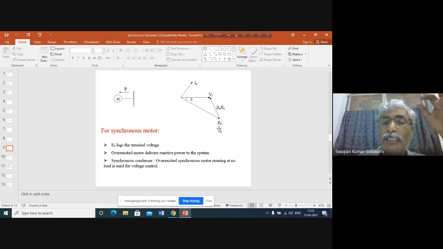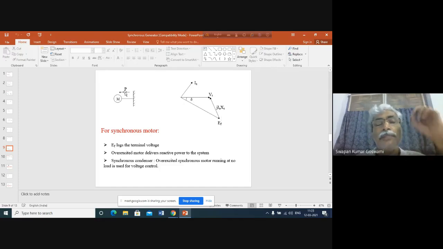Okay, so since this is overexcited and VT is leading EF, the power flow will be EF VT by XS sine delta. This was the expression for power flow, and it will be valid for this case also.